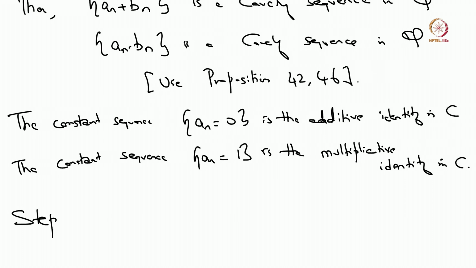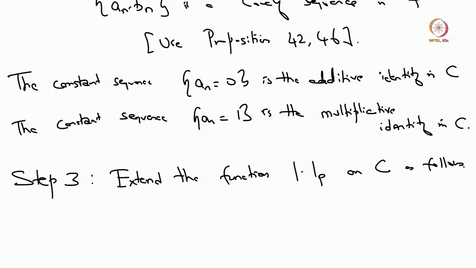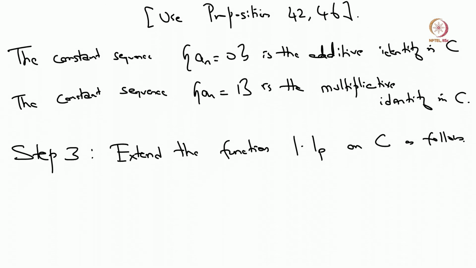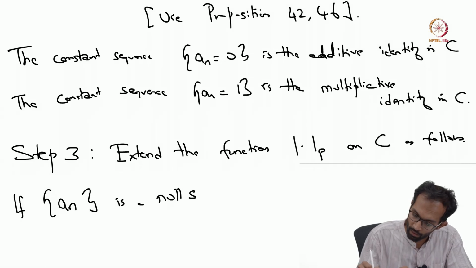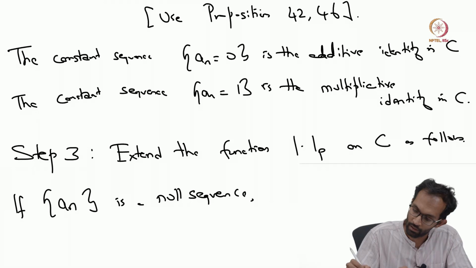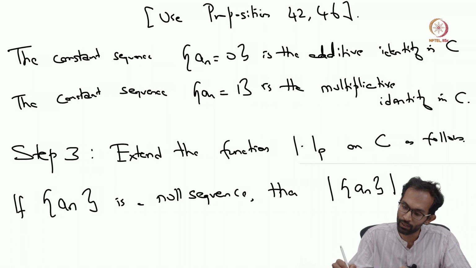The next step is you extend the p-adic absolute value to C as follows. If you have a Cauchy sequence, it could be a null sequence, and if it's a null sequence, you just set the p-adic absolute value of that sequence to be 0.